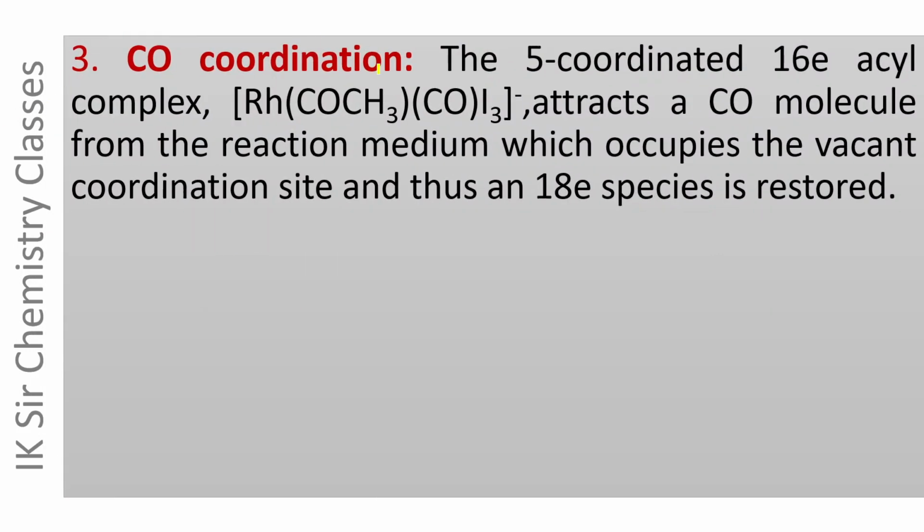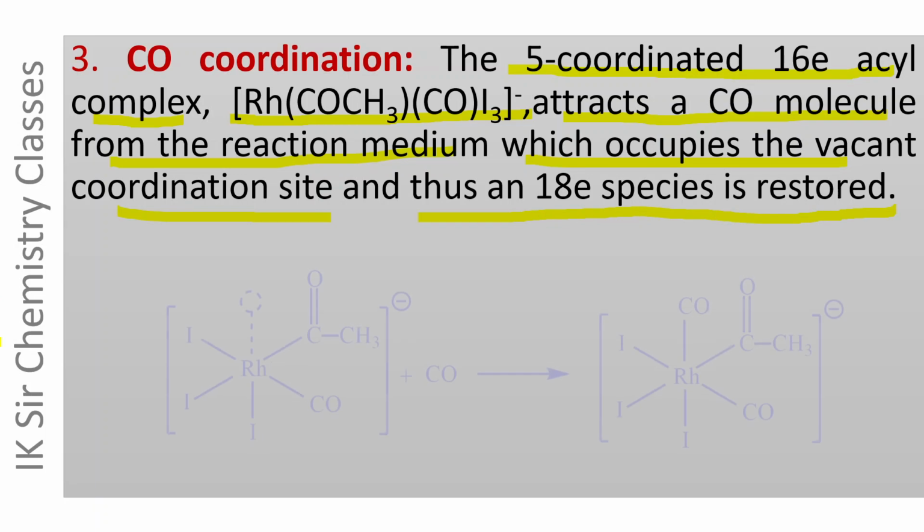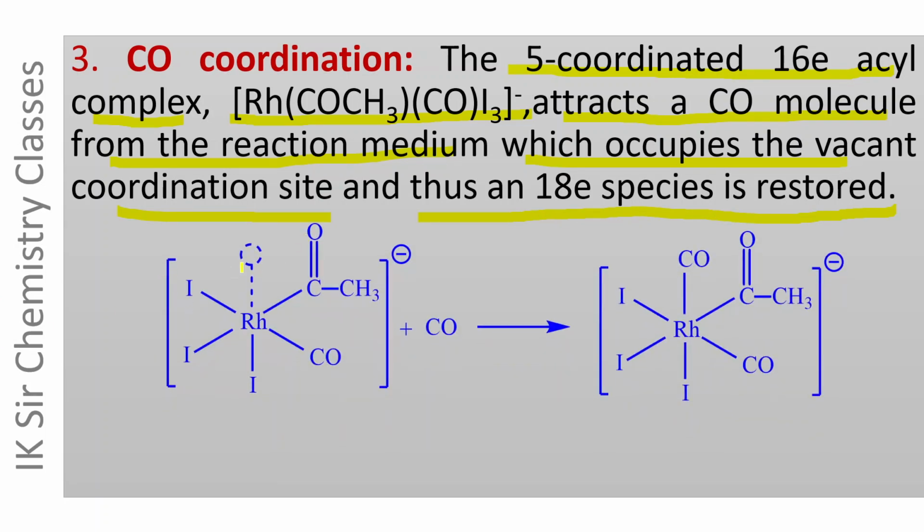CO coordination. The 5 coordinated 16 electron acyl complex formed in step number 2 attracts a CO molecule from the reaction medium, which occupies the vacant coordination site, and thus an 18 electron species is restored. This is the vacant coordination site, 5 coordinated acyl complex.